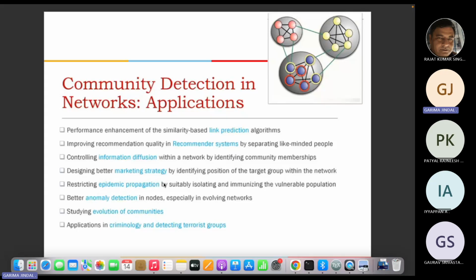We have covered link prediction, where community is used to predict links. We also saw anomaly detection, where one of the major parts is identifying the community. This forms the basis of a lot of advanced algorithms in social network analysis. That's why identifying the community is a very important property.